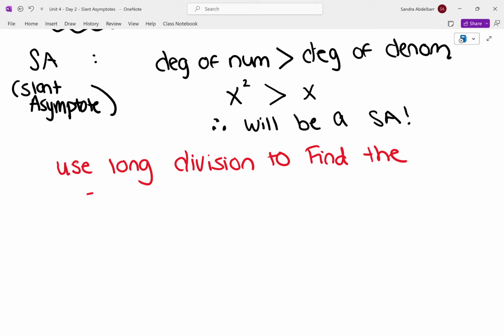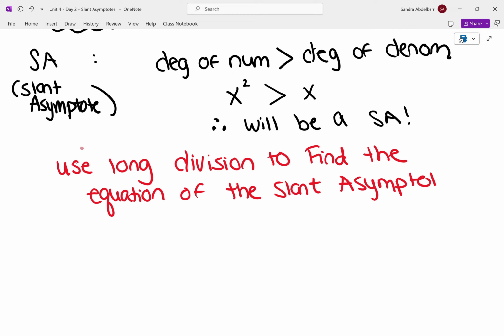to find the equation of the slant asymptote.